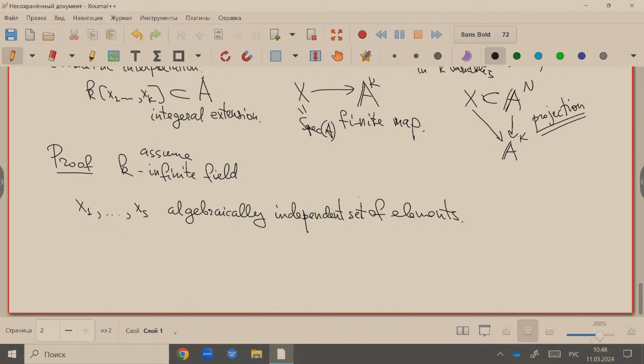You want to add another element, for example x0, which is generally algebraically dependent on them.